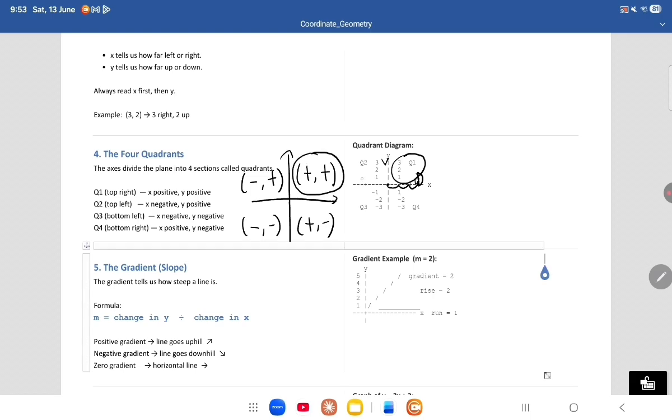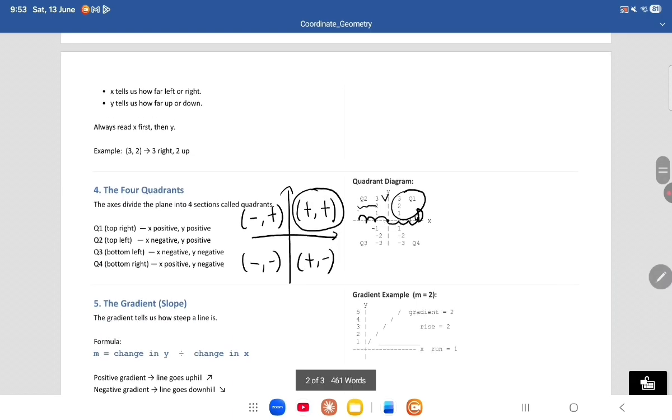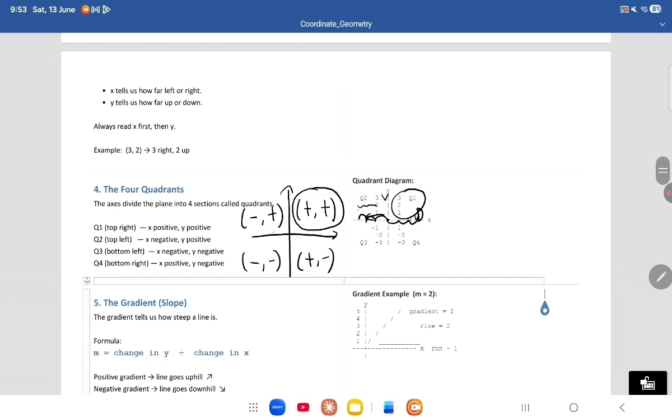And then the second quadrant: you have to go to the left side. So that basically means on the horizontal line, you have to go to the negative side. If you pick any point in the second quadrant, the x value is negative and the y value is positive.